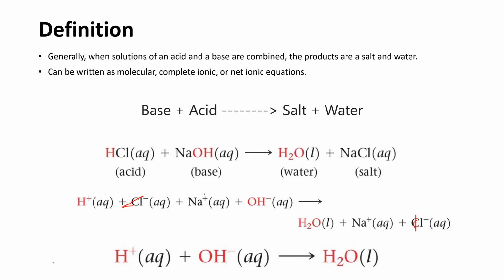Now sodium positive is present on the left side, and sodium positive is present on the right side too. So these ions have cancelled each other, and we are left with H positive, OH negative, and overall the water molecule, right?